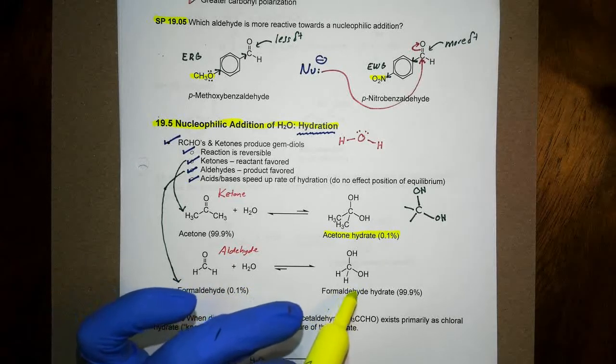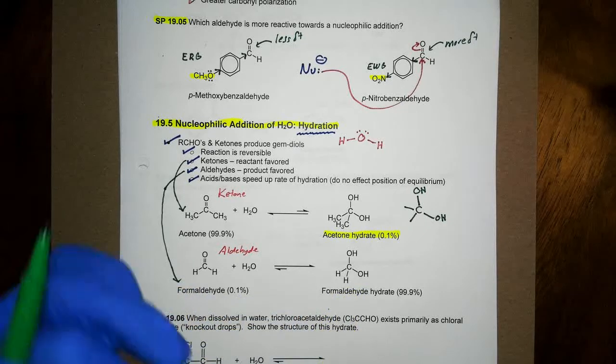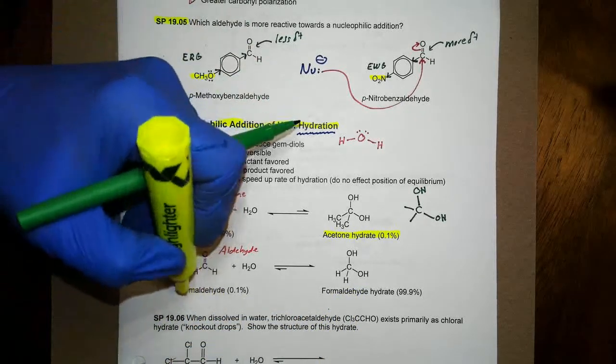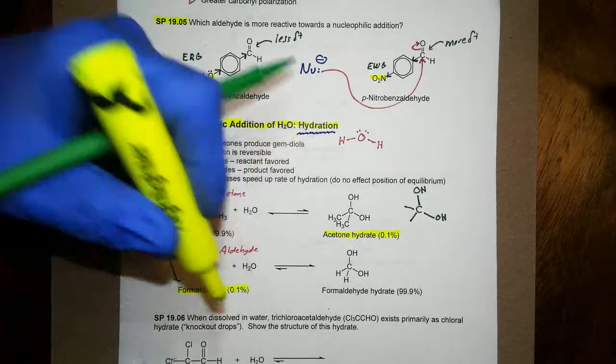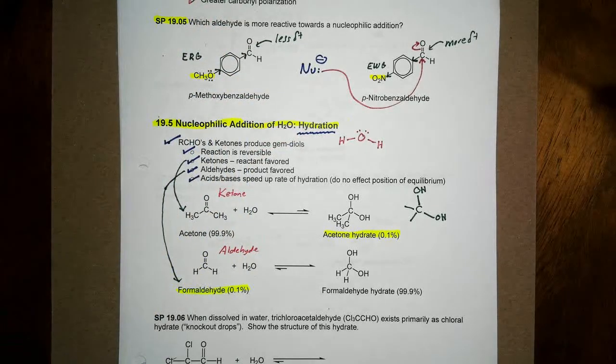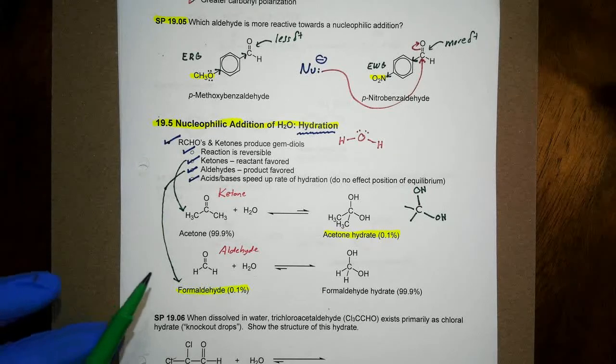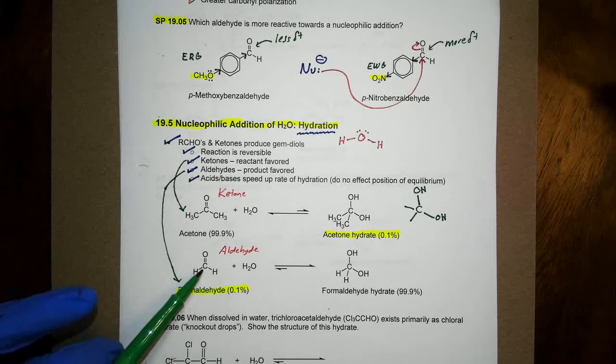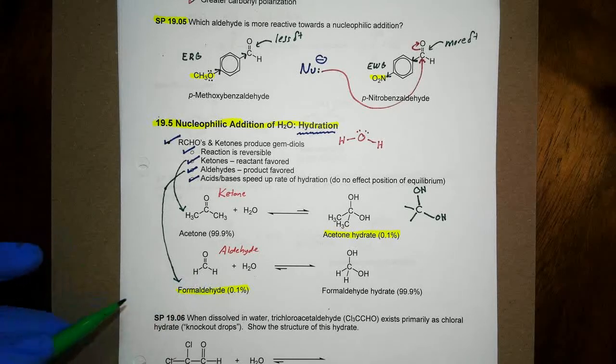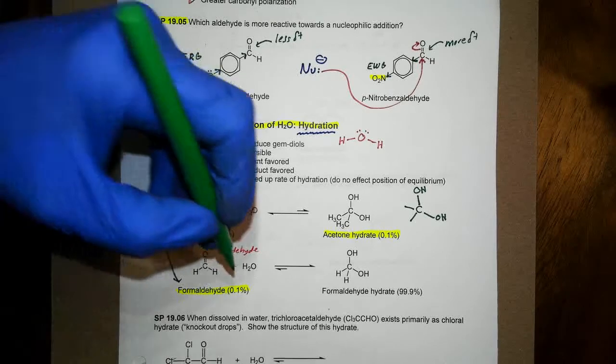And this is actually the biological preservative. So here, there's only about 0.1% of that left over. So henceforth, we can say that the aldehydes are product favored, because in effect this carbon here is far less hindered. And this means that this system is more polar.